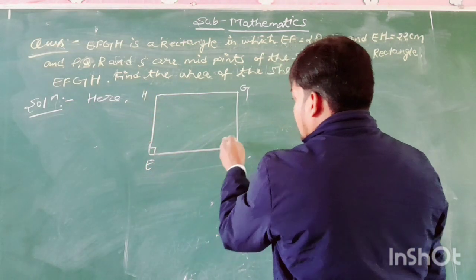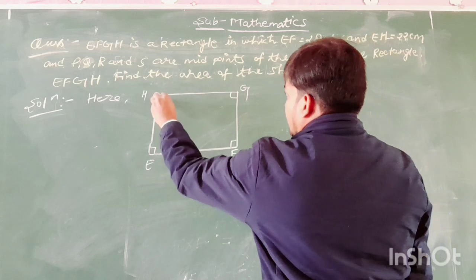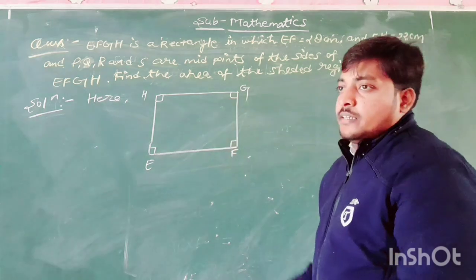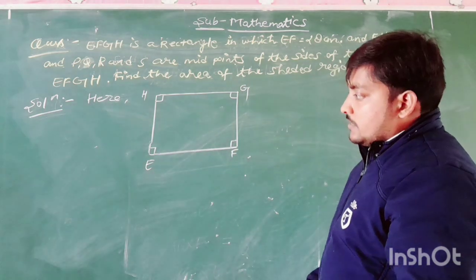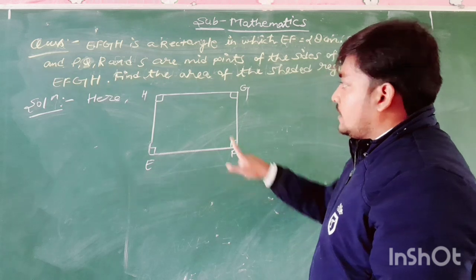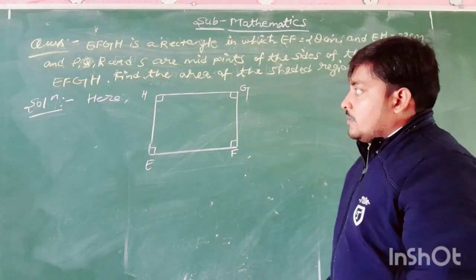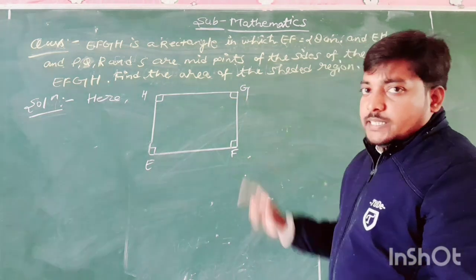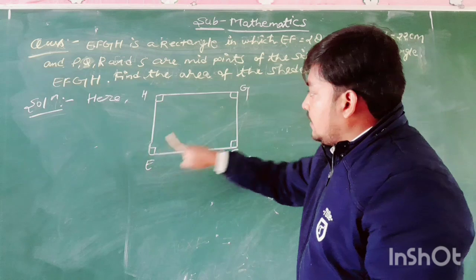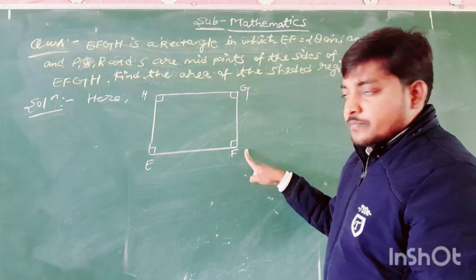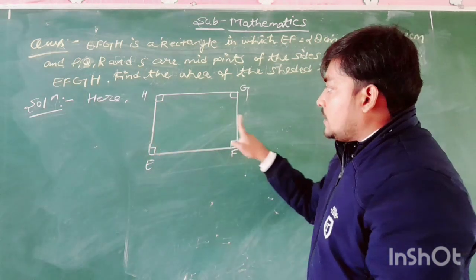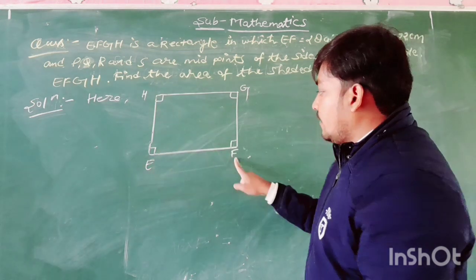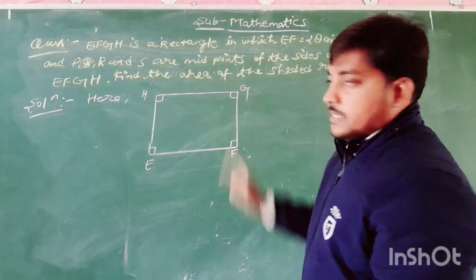In this case, all the interior angles of a rectangle will be 90 degree and opposite sides of the rectangle will be equal to each other. This means EF is equal to HG, because EF and HG are opposite sides, and HE is equal to GF, which is also opposite sides. So FG is equal to EH and EF is equal to HG.